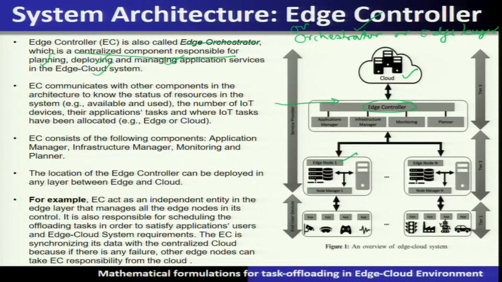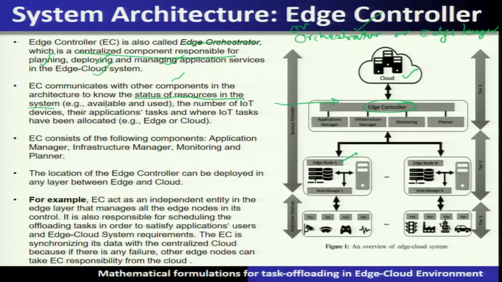Now, this edge controller will communicate with other components in this architecture. That means, it will communicate with the cloud and the edge nodes, and the IoT devices, which are different components in this architecture, to collect the status of the resources in the system.